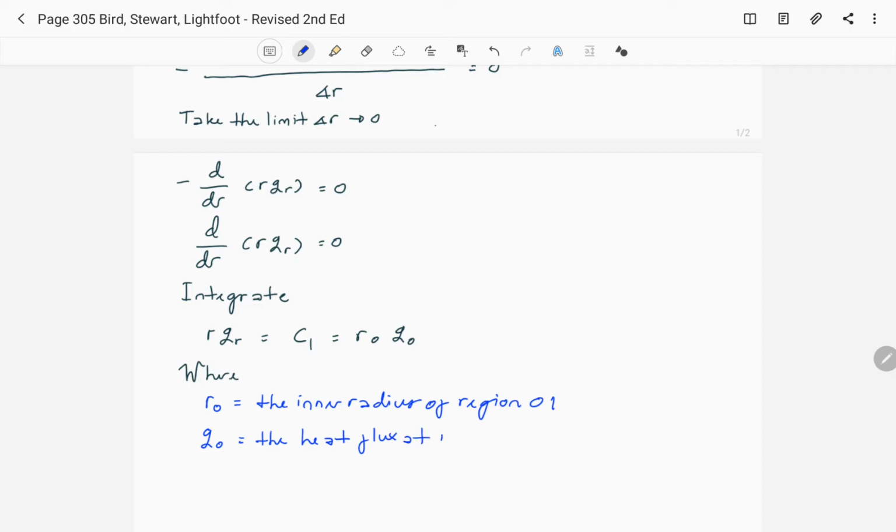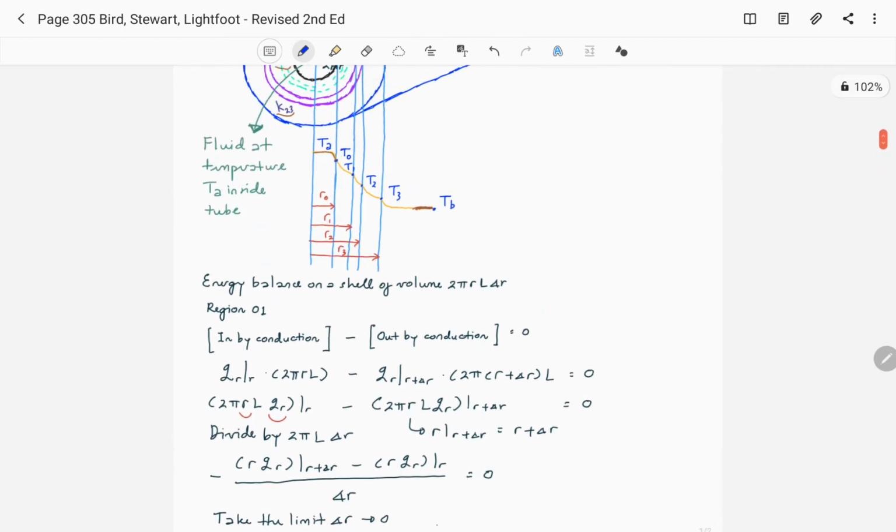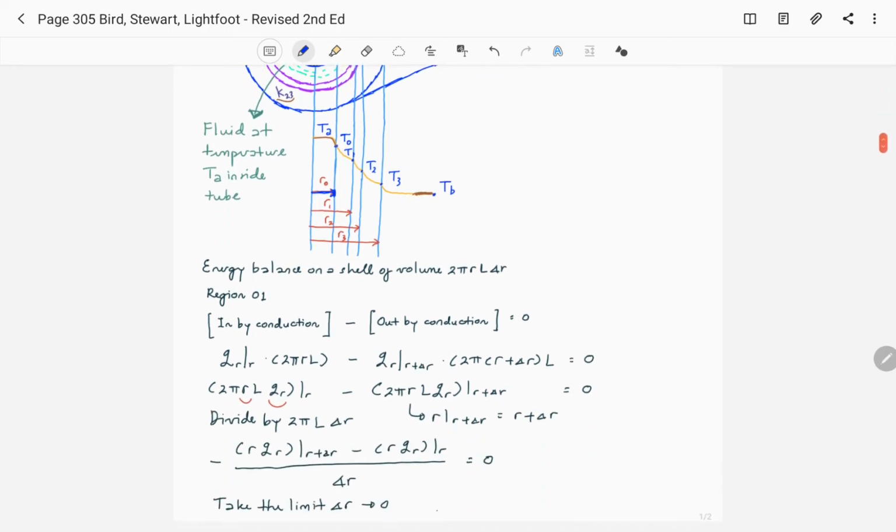Okay, so if we go in here, you see that R0 is referring to this particular radius where the inner cylinder is. And then also Q0 is the heat flux at this particular location, where it applies at this cylindrical surface.